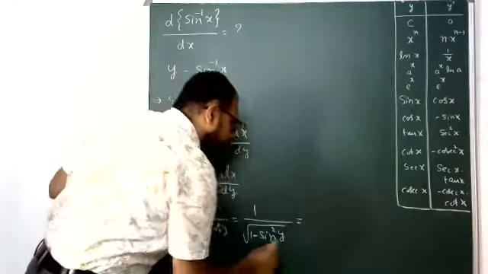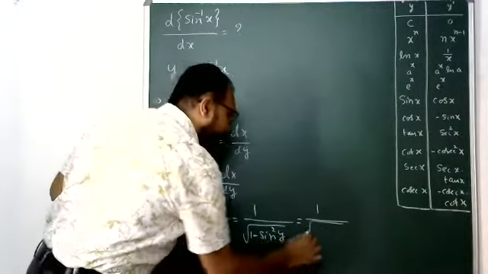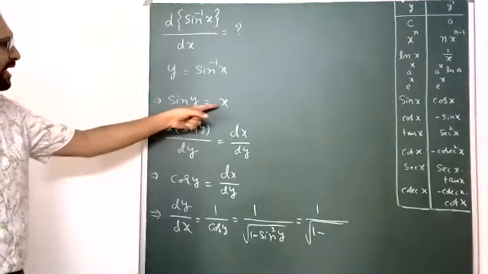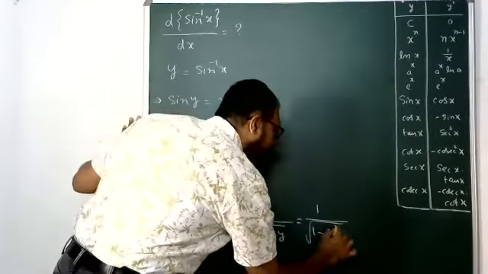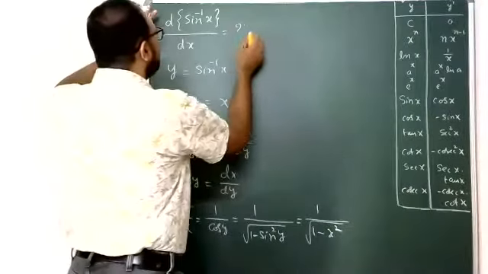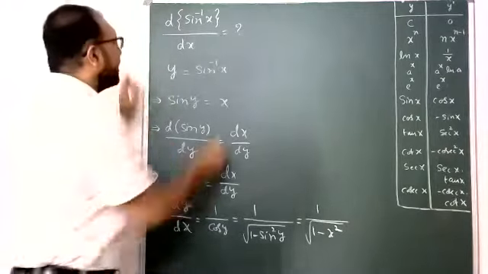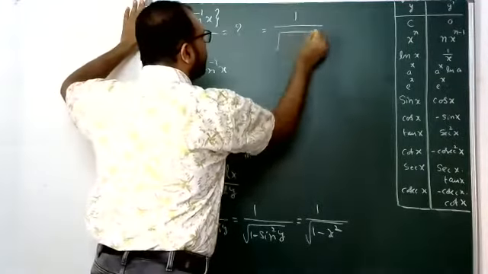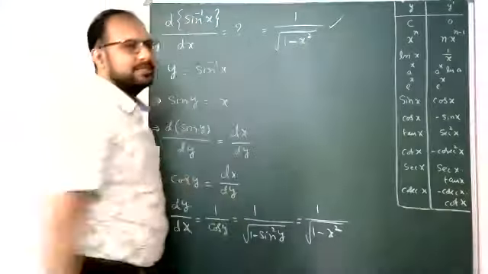Now 1 divided by root over 1 minus sin square y. Students, what is sin y? It is x. So that's why x square. So the final answer: sin inverse x means y, therefore dy by dx is nothing but 1 by root over 1 minus x square.